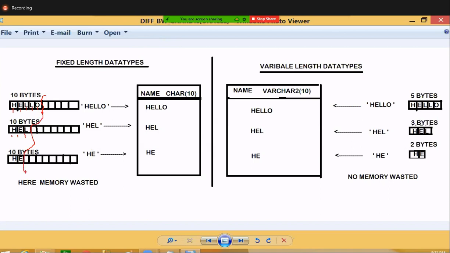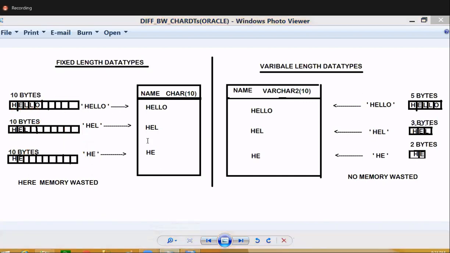That is what wastes your memory: 5 bytes here, 7 bytes here, and 8 bytes here. So in total, 20 bytes of memory are wasted. This is the problem of the character data type. That's why, in real time, people mostly avoid this data type.